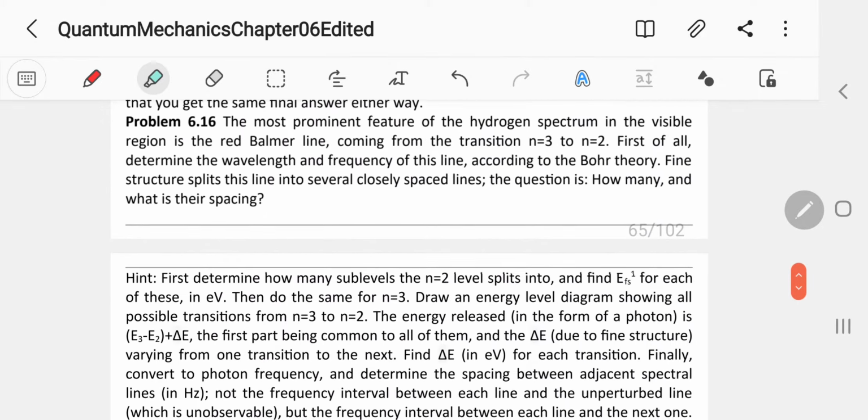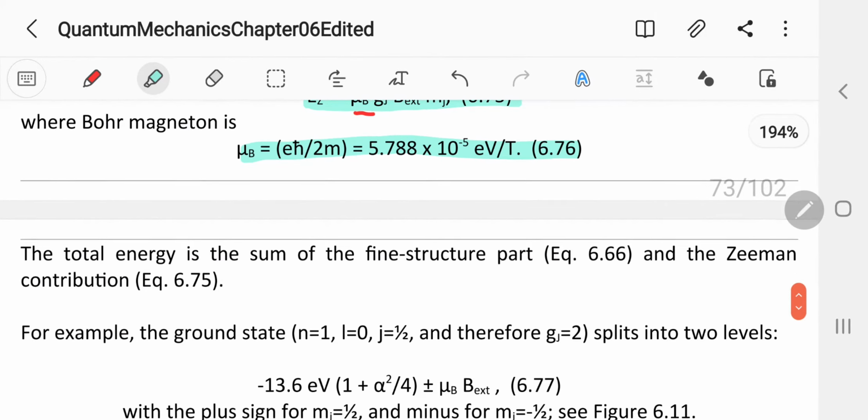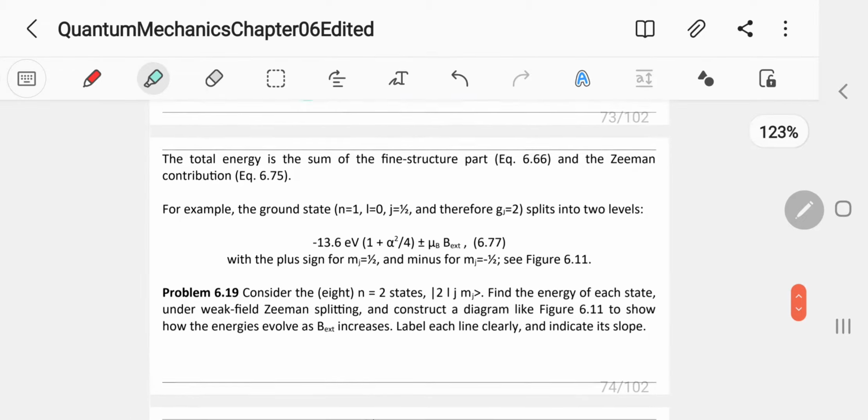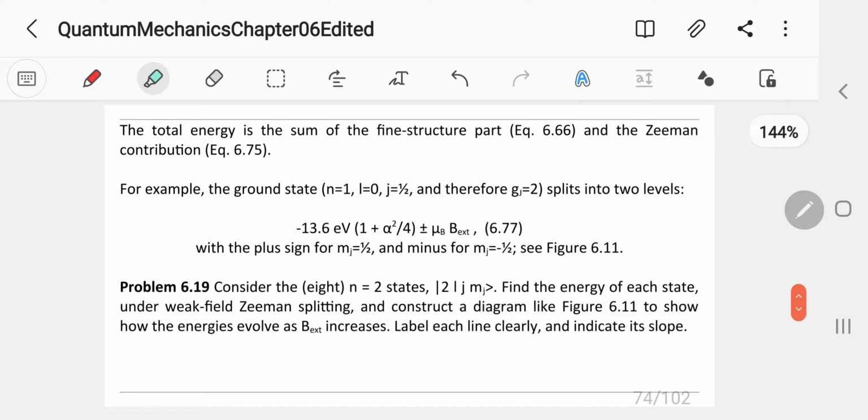And so again, the total energy is the sum of the fine structure part, which we studied earlier, and the Zeeman contribution.